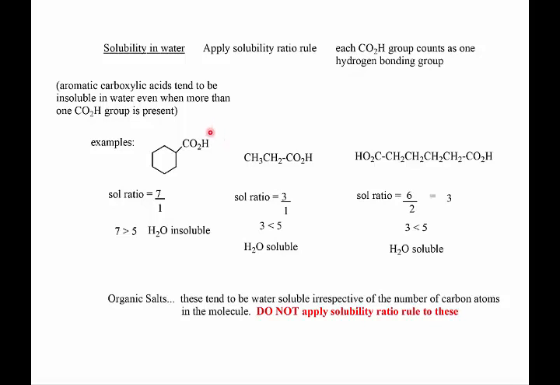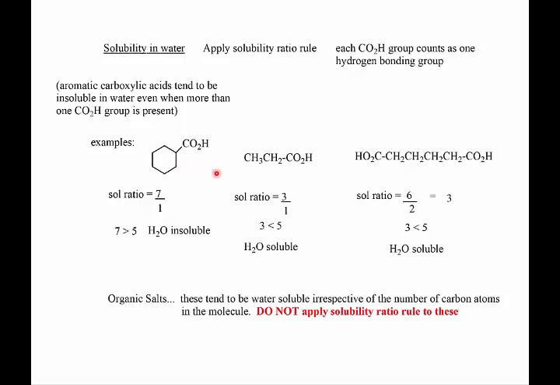It might seem to be more strongly attracted to water than less. But things get complicated, and there are a number of offsetting factors, and it turns out empirically that even though the carboxyl group has a carbonyl and an OH, it behaves like a single hydrogen bonding group.